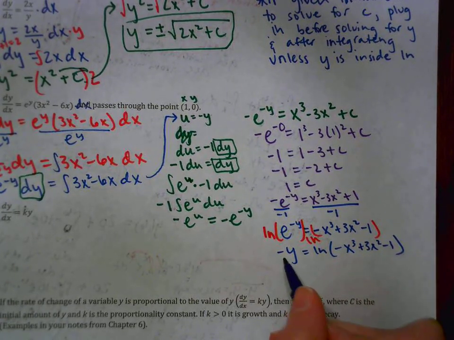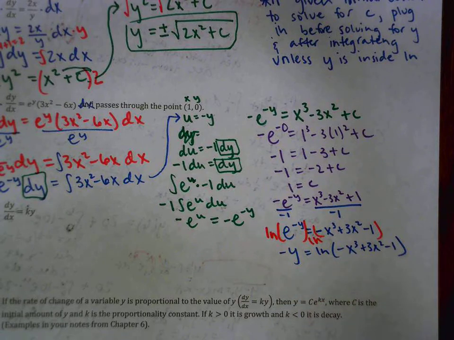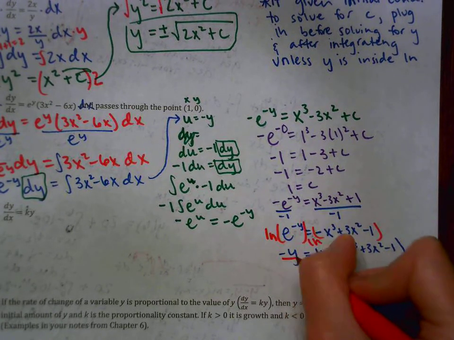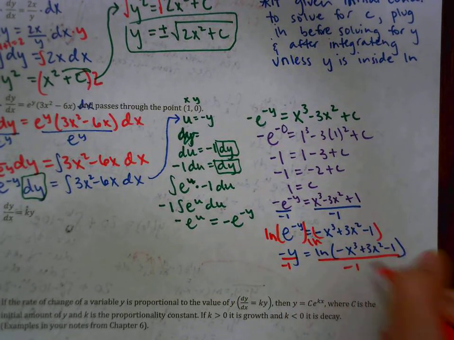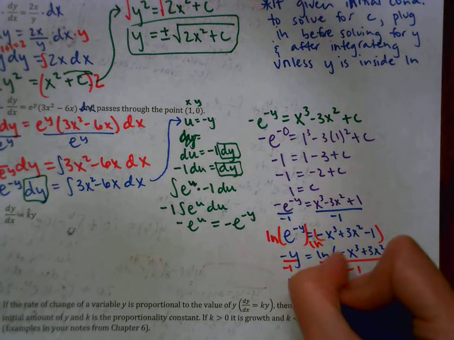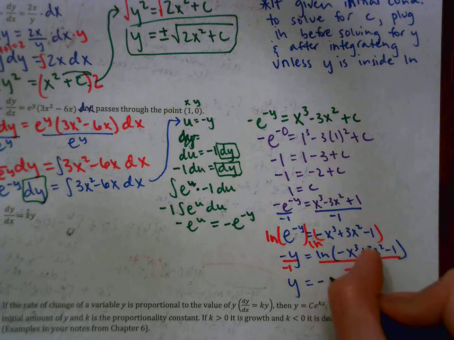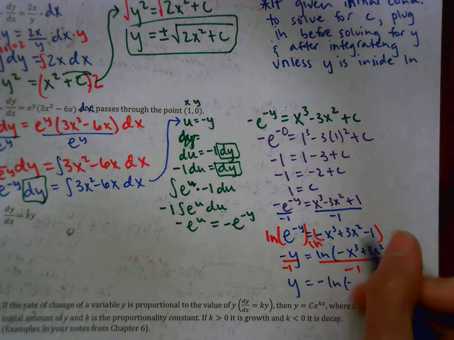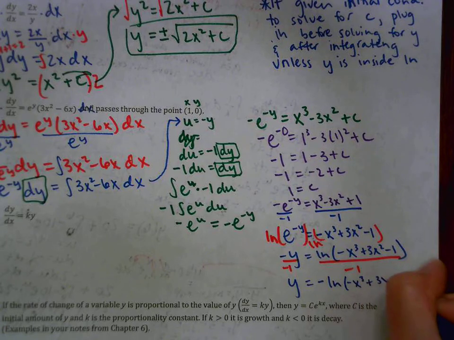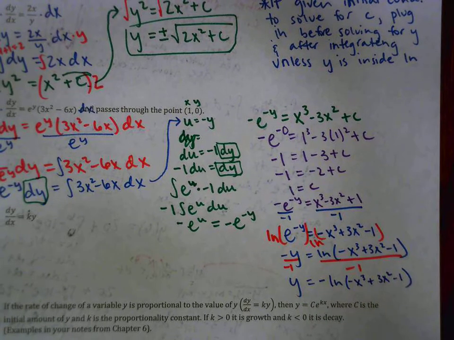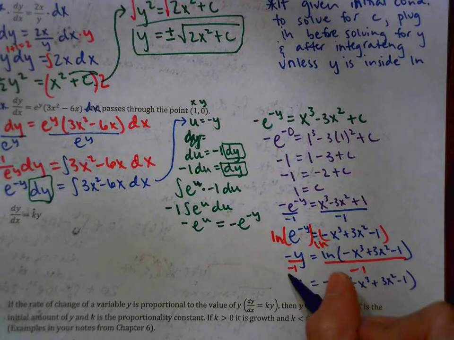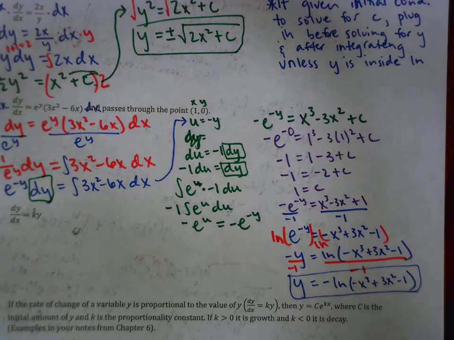And then you can divide by the negative, right? Because you have another negative, so divide by negative 1 again, which makes this just y, and when you divide this by negative 1, it just makes the whole natural log negative. You don't touch the stuff on the inside. And that should be your final answer.